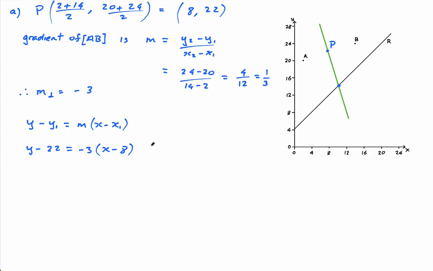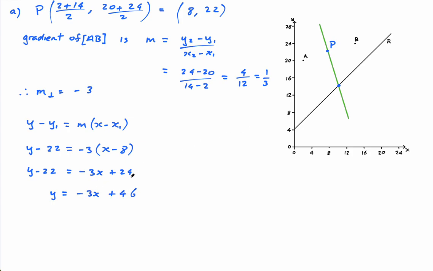So y minus 22 equals minus 3x plus 24, because minus 3 times minus 8 is plus 24. In the form y equals mx plus c, it's y equals minus 3x plus 46.